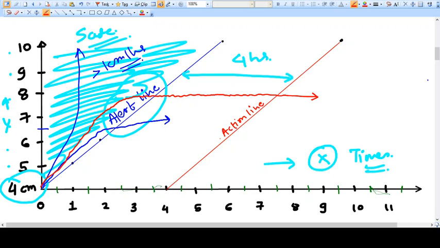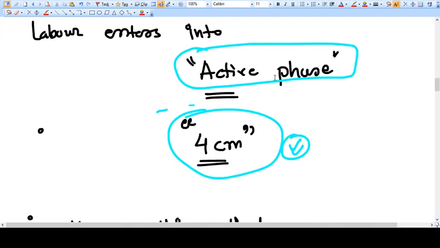But if you are already at a higher center, you need to continuously monitor the labor very, very closely. If any problem happens, then you can go for cesarean section. In fact, you need to start preparing for the cesarean section. Okay, so crossing the action line is a very, very dangerous thing. Now let's go ahead.